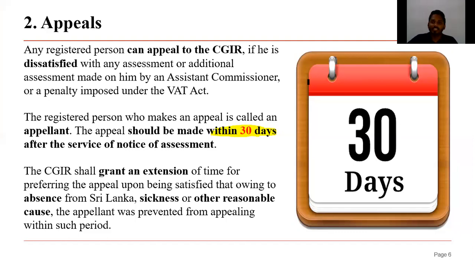I will share the whiteboard and explain again. This is also very critical from the VAT law perspective in the case of appeal. See, your assessment was issued on 1st January 2020.